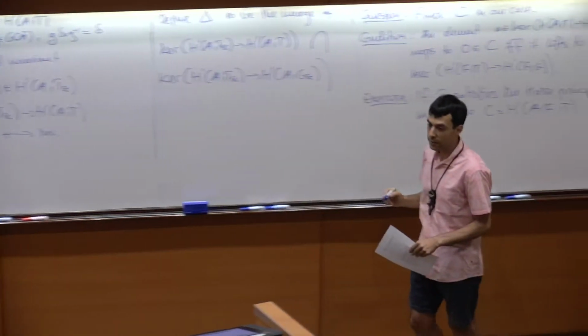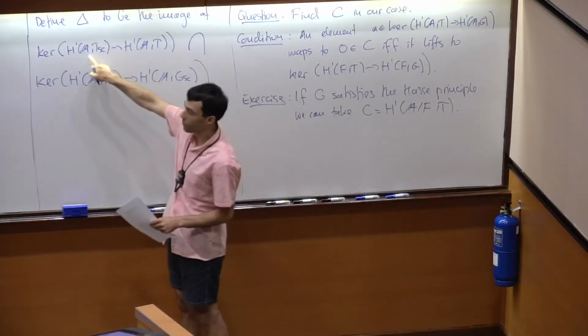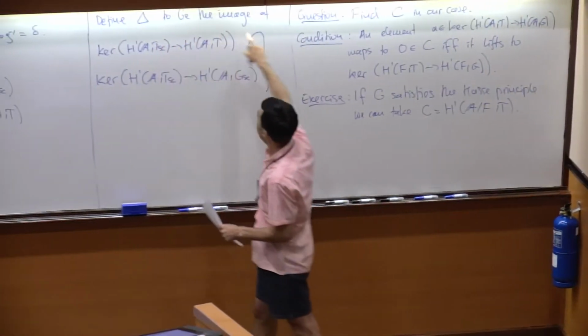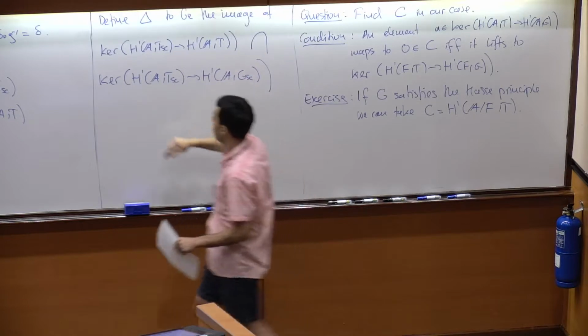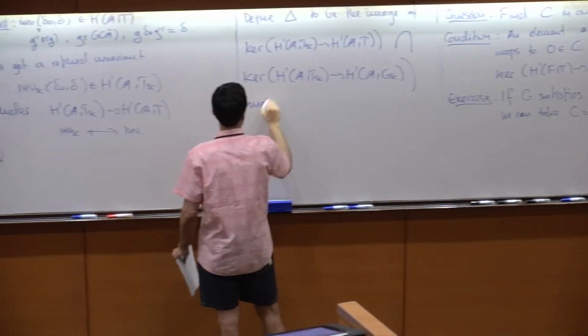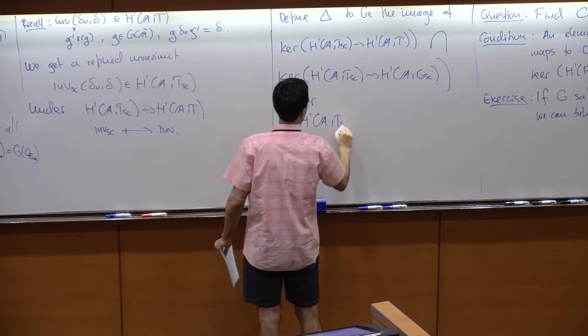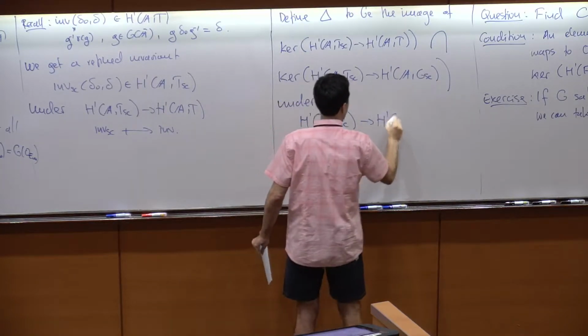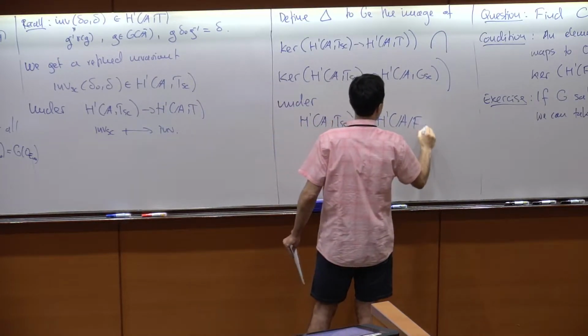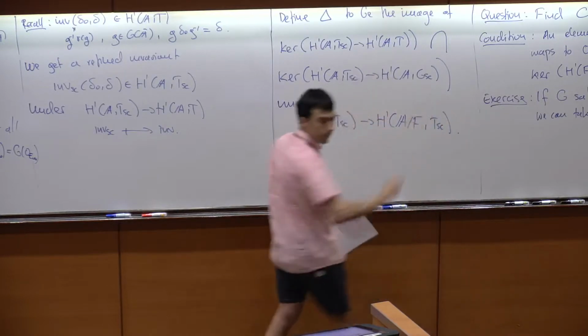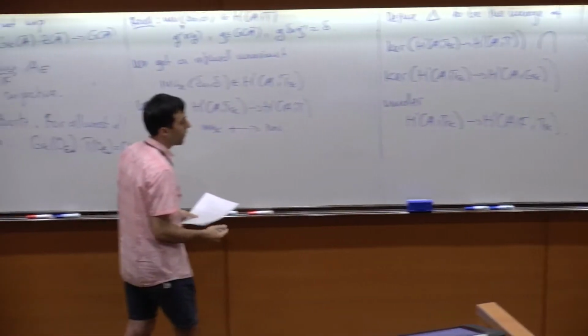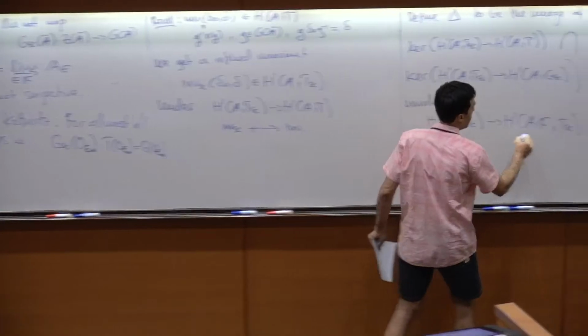So we're going to intersect these two subgroups of this group, and we're going to take the image of that intersection under H1(A,T)_sc to H1(A mod F, T)_sc. So this is going to be my delta. It will be a subgroup in here.